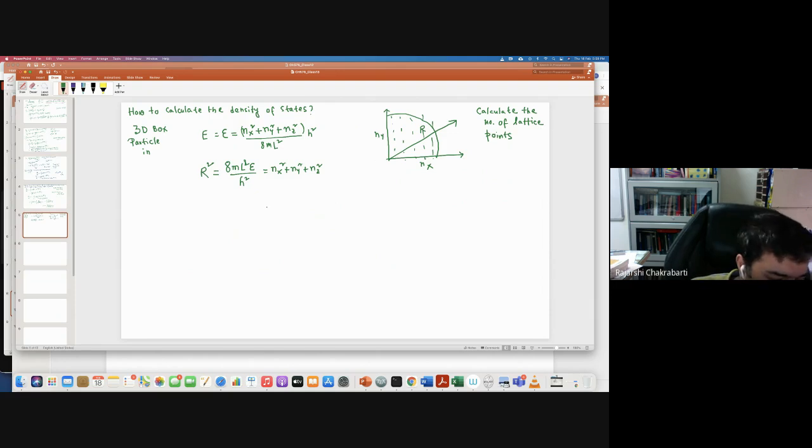So if I calculate the number of such states, how many such states are there? Can anyone guess?